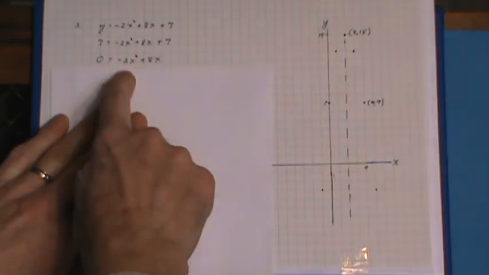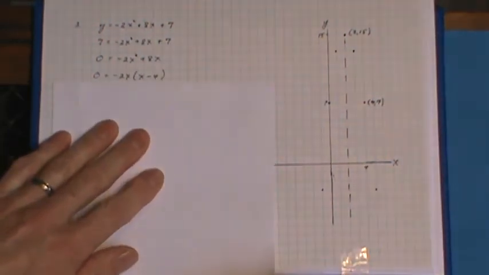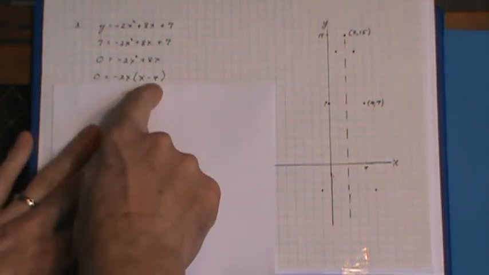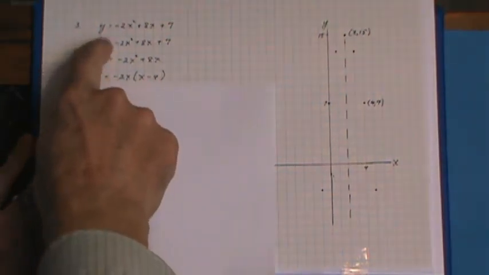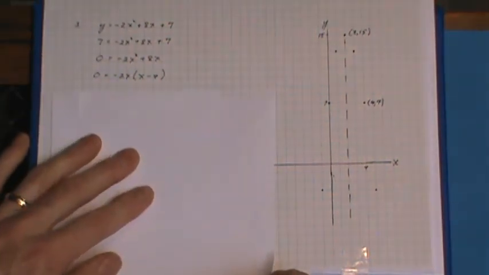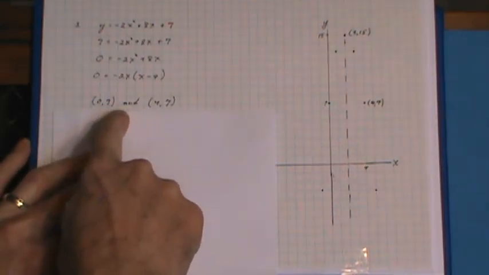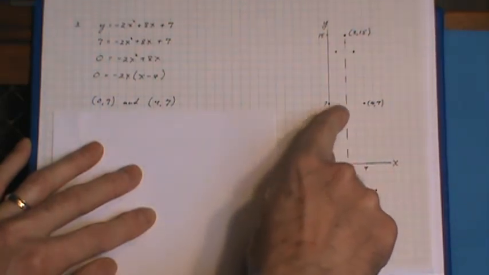I can factor out -2x, and that gives me 2 values, 0 and 4. And both of those values, 0 and 4, give me a y value of 7. Those are the 2 points, (0, 7) and (4, 7). This is where they are on the graph.